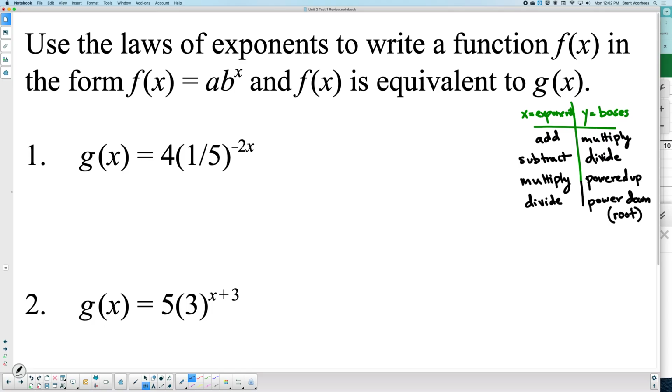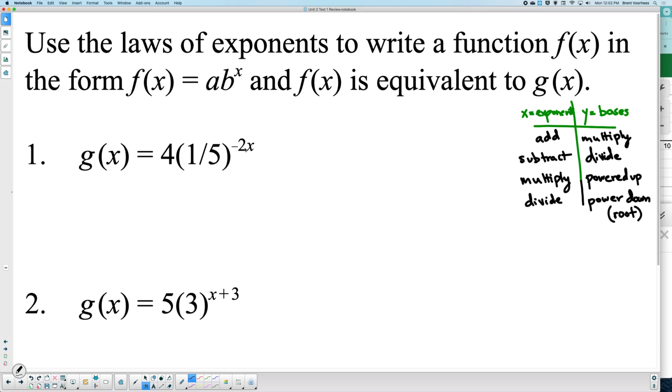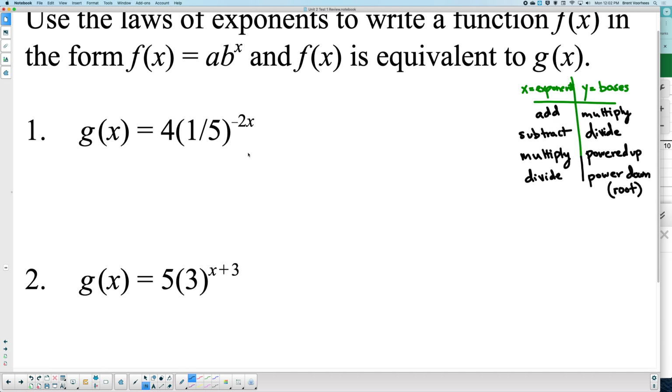Okay, I'm going to keep that up there so that you can see this play out. One of the things that's not on there is if you have a negative exponent. I should add this on there. There's a rule for if you have a negative exponent. Which column would the exponent be, X or Y?